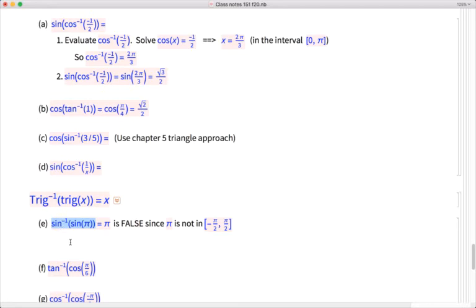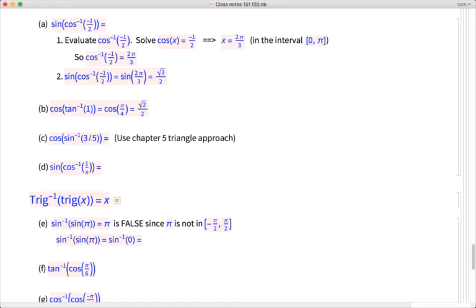So we need to evaluate one step at a time, just like we did up above. The inside function, the sine of pi, we do first. That's a y coordinate of 0. We're at the far left, the number pi has terminal point (-1, 0), and we want the y coordinate, which is 0. Now we compute the inverse sine of 0.